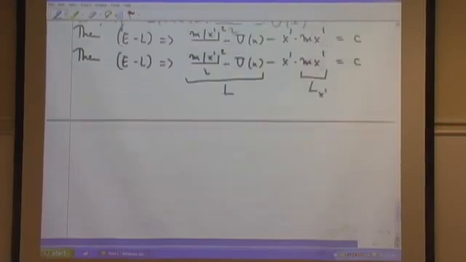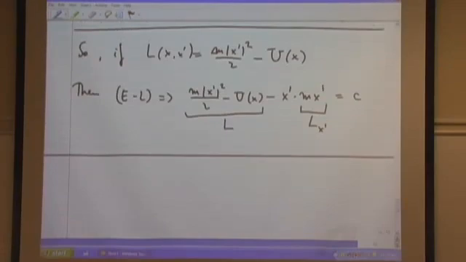And basically we know this is a constant independent of t. Well, just look at the first and the last term. This gives you minus 1/2 m x' squared minus u of x equals c.